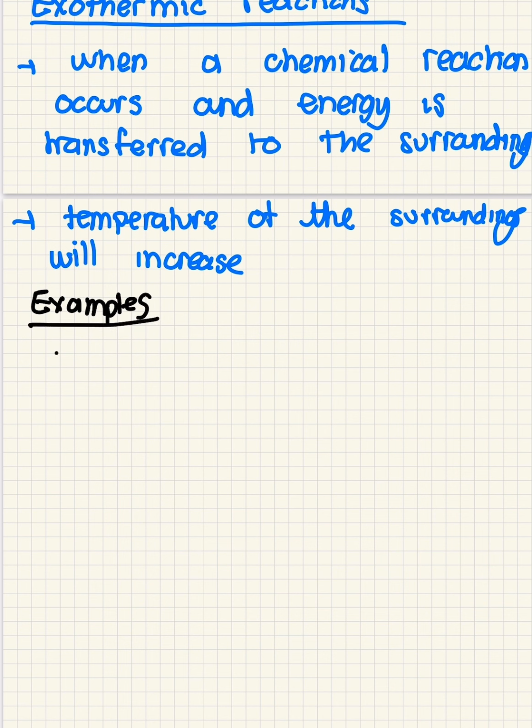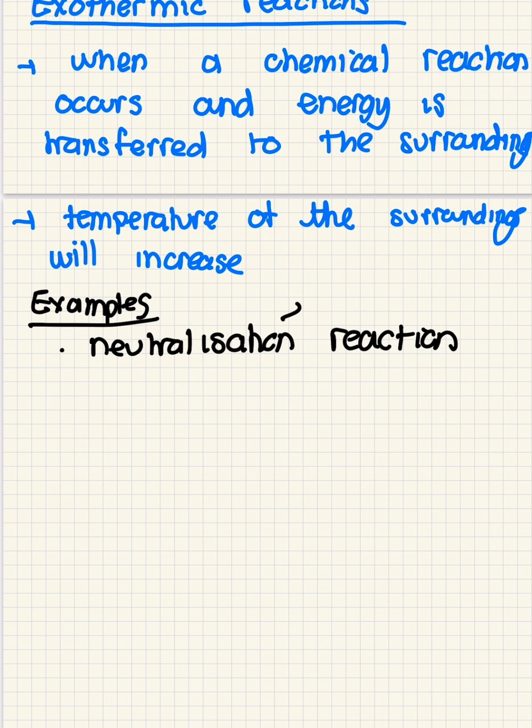Now, your first example of exothermic reactions are neutralization reactions. If you don't know what neutralization reactions are, this is when an acid reacts with a base or alkali to form salt and water. So let's just write acid plus base gives me salt plus water.